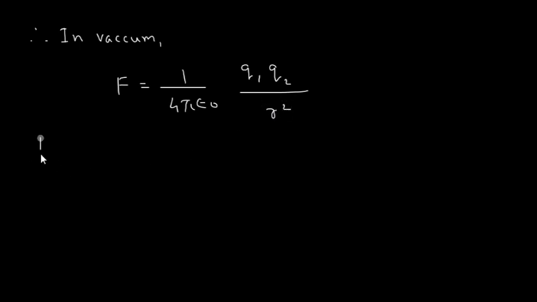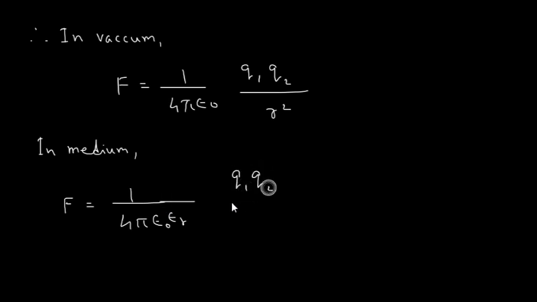In medium, F is equal to 1 by 4 pi epsilon naught multiplied by epsilon R, Q1 Q2 upon R square.